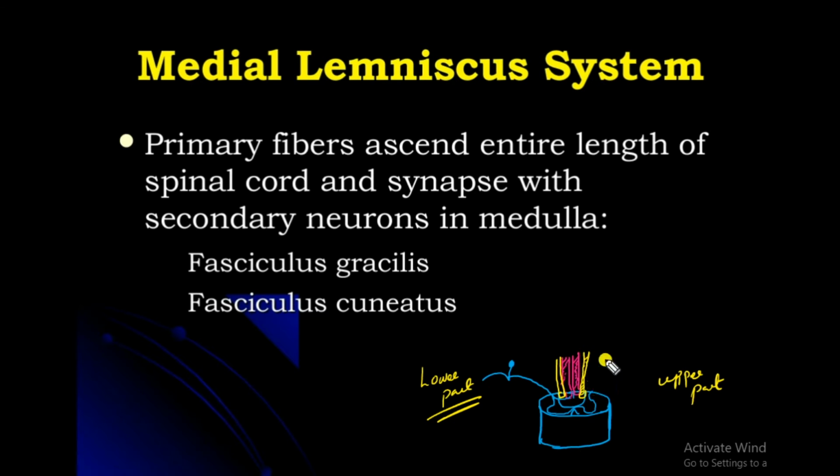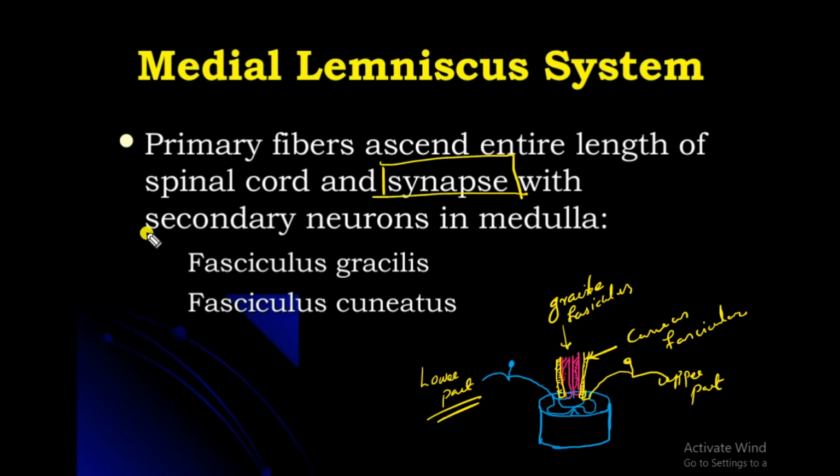From the upper part, the cuneatus is collecting the information to the central nervous system. From the lower part, the gracilis fasciculus is collecting the information. From the upper part, the cuneatus fasciculus is carrying the information.